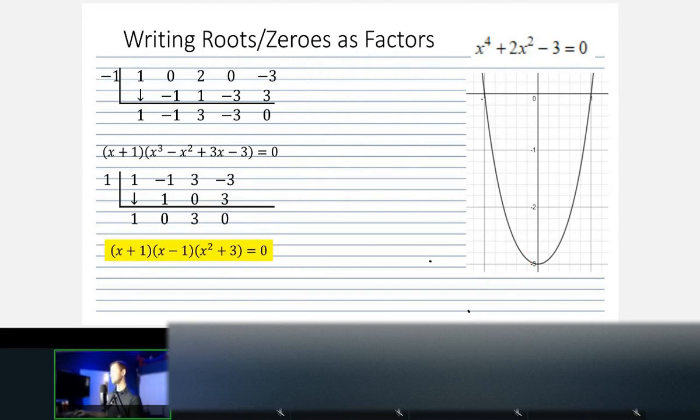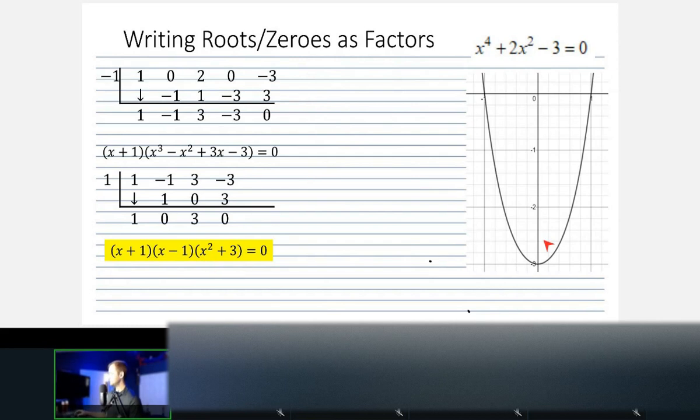So we write those. We're not done yet because we need to find how many roots? Looking at this original function, how many solutions should we find? 4. Now what we have here is we only have 2. We have -1 and we have +1. How do I find my last 2?